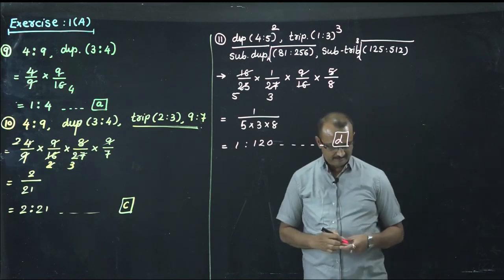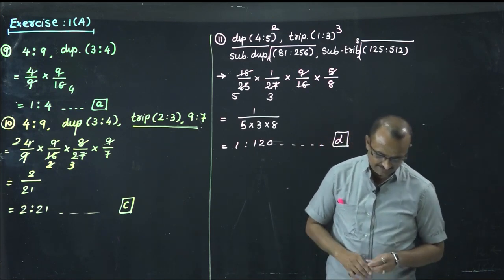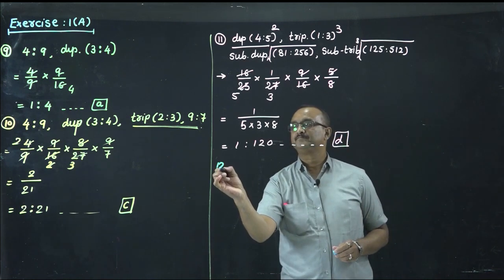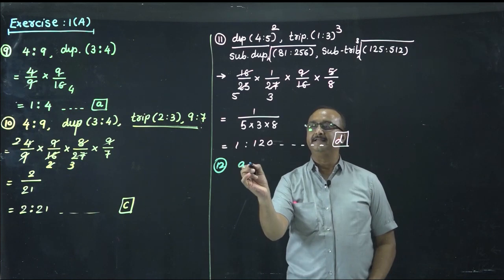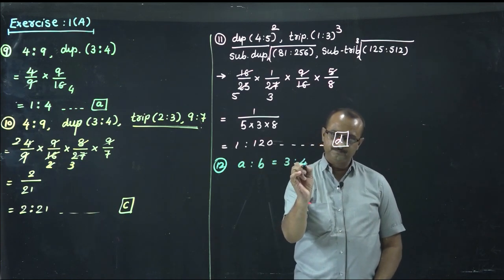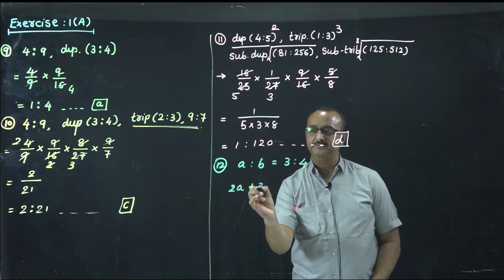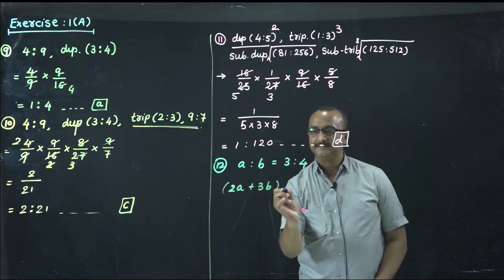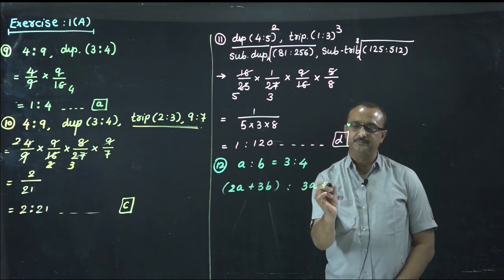Now question number 12. If A is to B equal to 3 is to 4, find the value of 2A plus 3B is to 3A plus 4B.